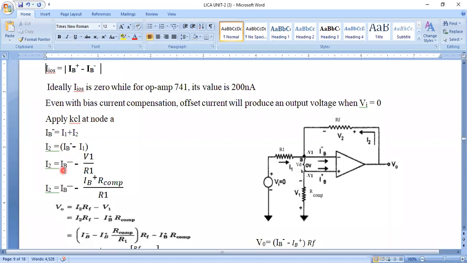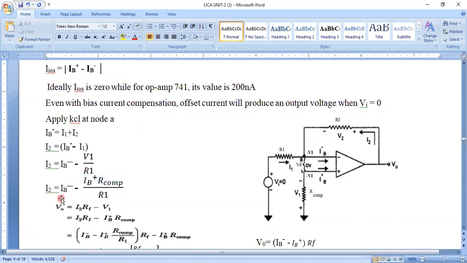Again, I2 is equal to IB minus V1 divided by R1, where the V1 value exists at node B. V1 is nothing but the voltage drop across the compensation resistance. So V1 is equal to IB plus into R compensation. That is why I represented the V1 value as IB plus into R compensation.